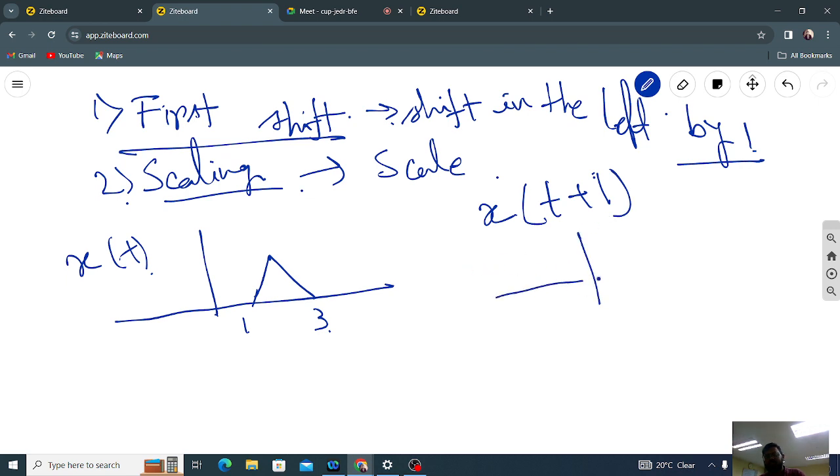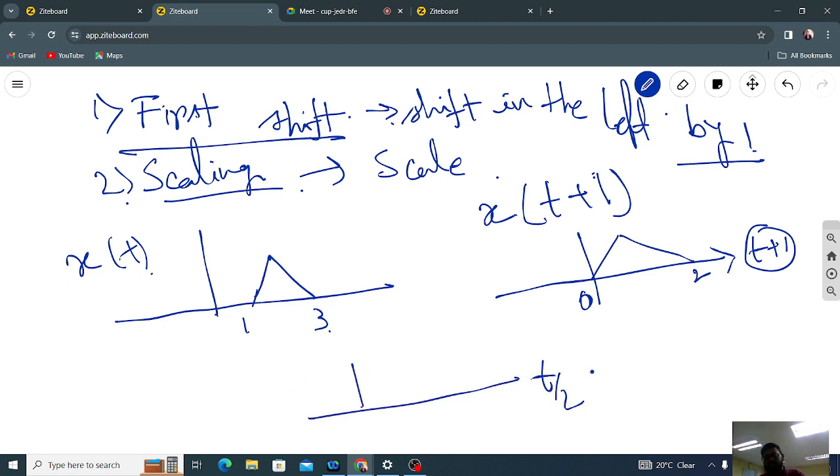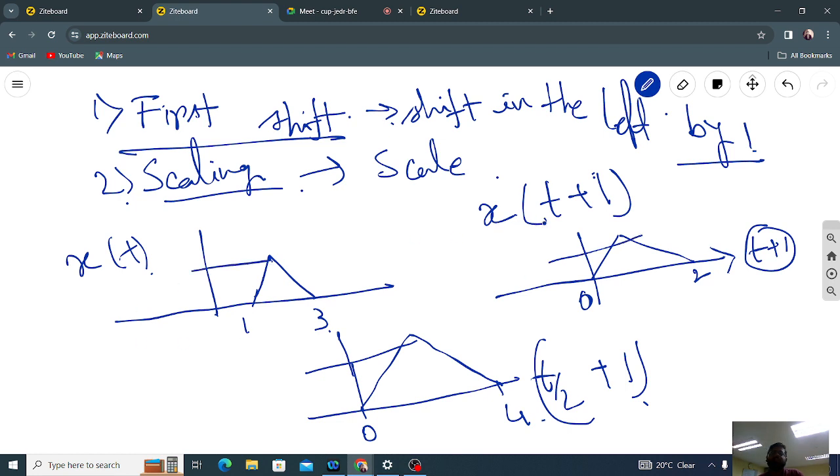If we do x of t plus 1, it will be from 0 to 2, the t plus 1 axis. And now if we do a scaling of t by 2 plus the same, the 0 will remain 0 but 2 will be multiplied by a factor of 2, so it will be 4. So this will be 4. The amplitude remains the same for everyone because we are not doing any amplitude multiplication.